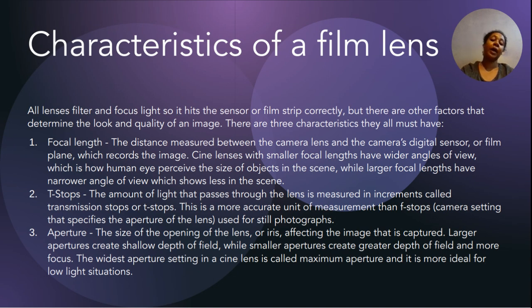And aperture itself is the size of the opening of the lens or iris, so it affects how the image is captured. Larger apertures create a shallow depth of field, while smaller ones create a greater depth of field. So it's more in focus, basically.